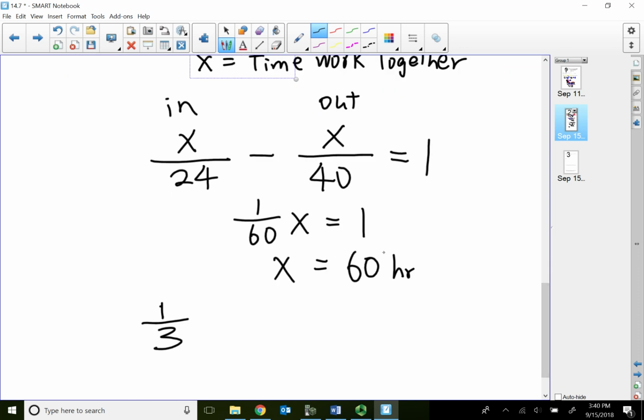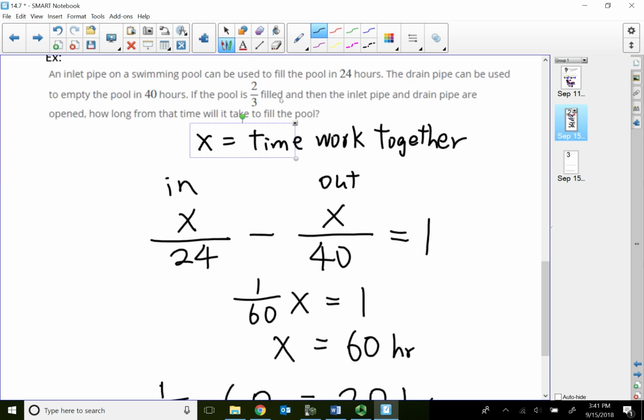So since when it was empty it takes 60 hours for them to work together, and I only need to fill the remaining 1/3 of the pool, that will be 1/3 times 60, which will only take the 2 pipes 20 hours to fill the pool when it was already 2/3 full. Okay, so that's how this problem works.